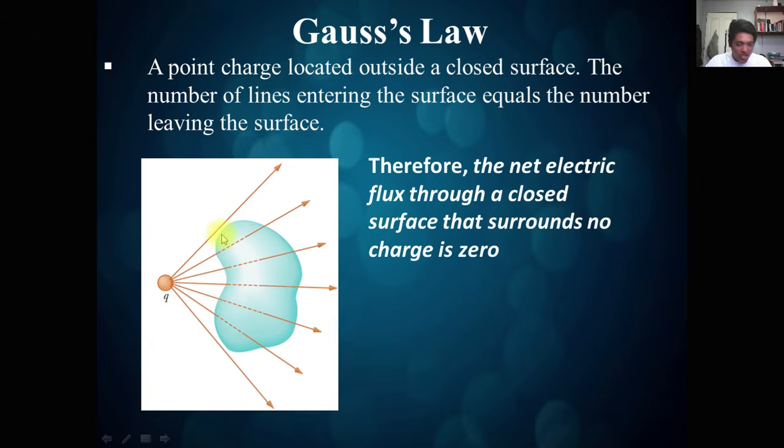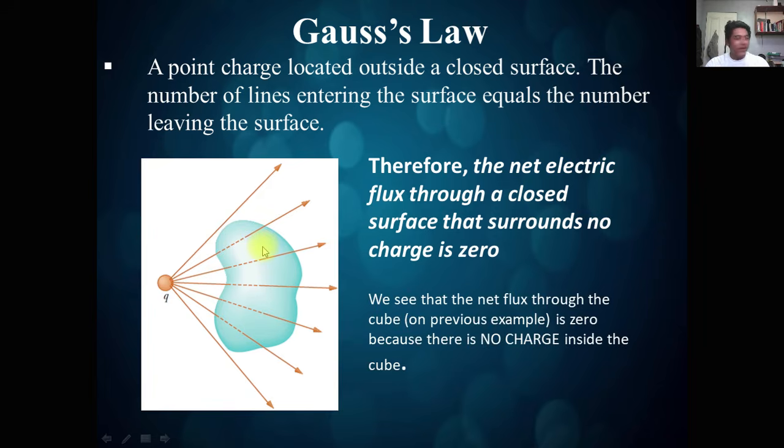Yes, that is 0, because there is no charge inside. Again, Gauss's law states that the electric flux through a closed surface is directly proportional to the total net electric charge inside that surface. So if we don't have any charge, then 0 over epsilon sub 0 will be 0.